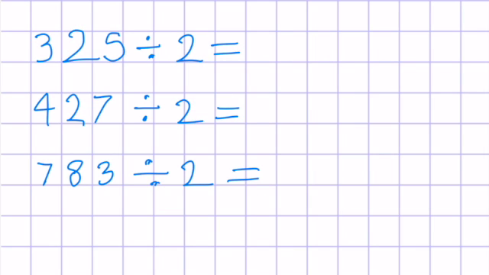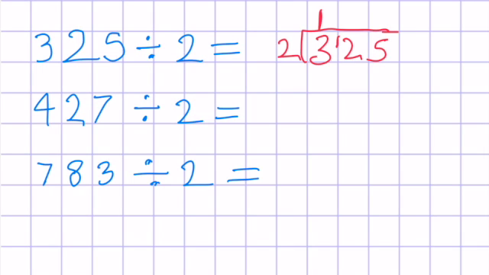You can either have a go at doing these 3 yourself, or you can watch and pause the video, or you can watch me do it now as I begin. 325 divided by 2. 2 goes into 3 once with a remainder of 1.